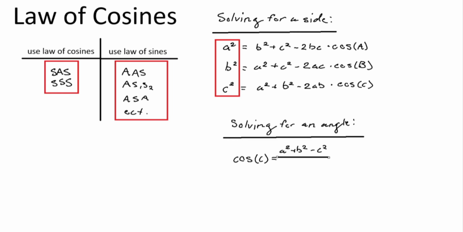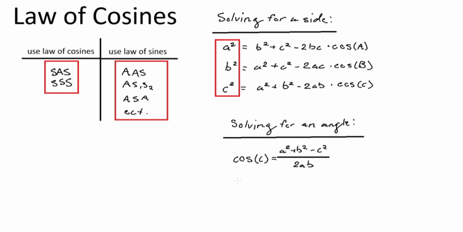And then you're going to divide it by 2AB, the two sides that aren't involved with C, or whatever this letter is here. It's a bit more complicated, but I'm sure you can always find your own patterns and figure out your own ways of remembering this.